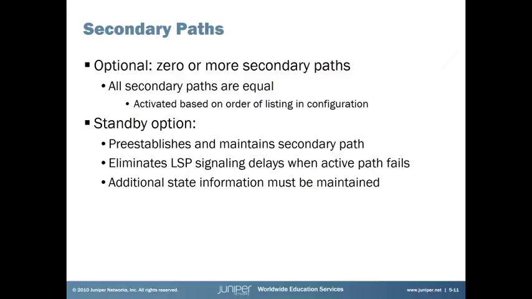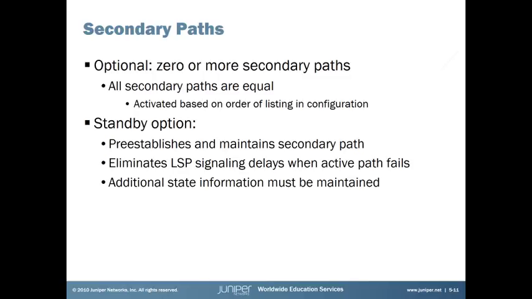Okay, so we have a standby option for a secondary path, and what that means is that the secondary path will actually be signaled up. So in other words, instead of just sitting there as a possible path, and then we have a failure on the primary path, we then fail over to a secondary path, and we then signal up the secondary path and then fail over to it. You can have a standby option so that the secondary path is pre-signaled, so it's already up.